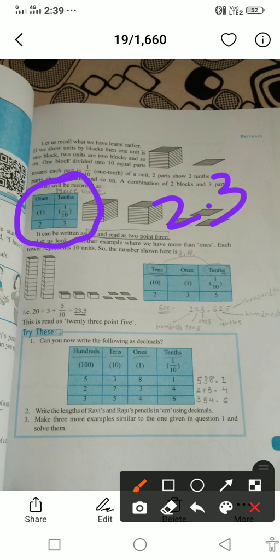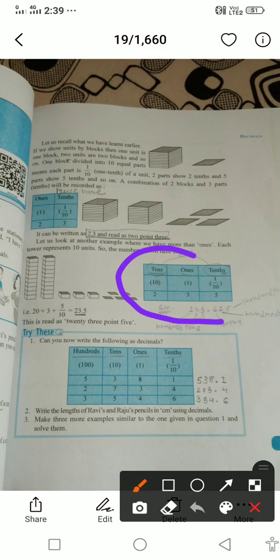At the ones place there is 2 and at the tenths place there is 3, so it is called 2.3. Same here, another table with ones and tenths, and we can directly see that it is 23.5. You can read this chapter well and you will get the ideas very well.